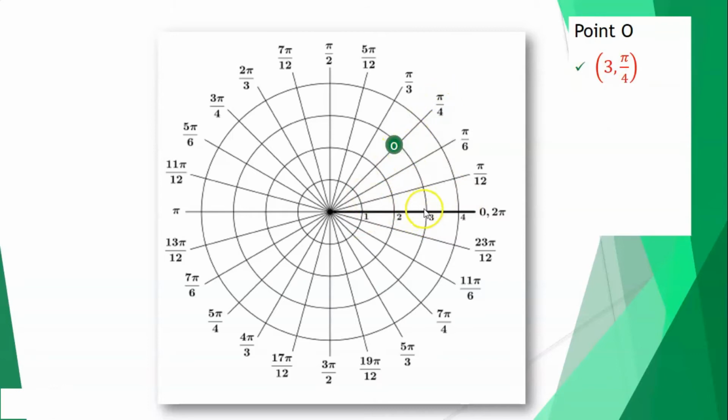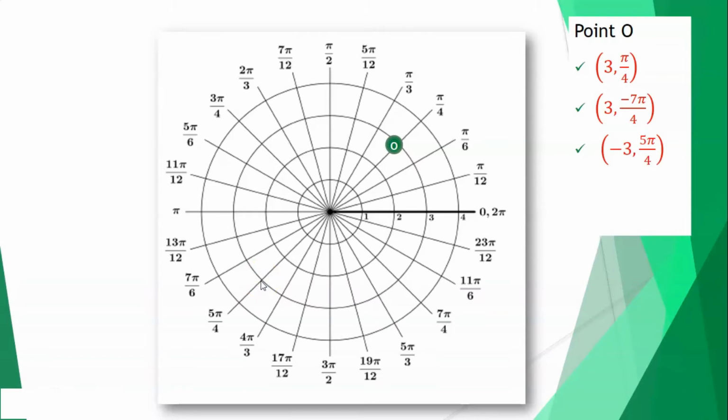Positive pi over 4, its corresponding negative coterminal would be (3, negative 7 pi over 4). Now to make use of a negative radius, extending this to the other side would be at the third quadrant, which is 5 pi over 4. So (negative 3, positive 5 pi over 4).